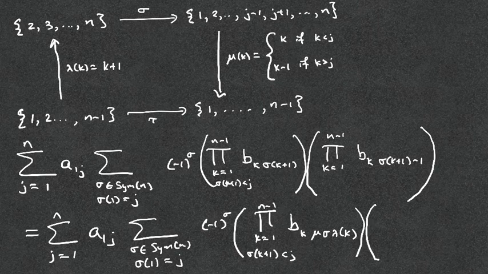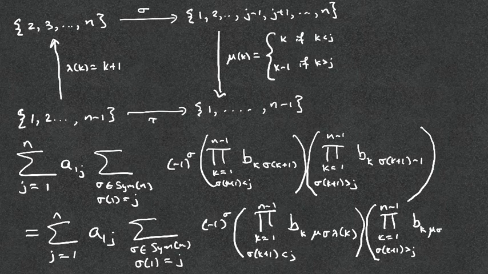Then we can do the same thing since we have sigma of k plus 1 greater than j. Now our mu's end up subtracting 1, but we can still end up with the same form. k goes from 1 up to n minus 1, with sigma of k plus 1 greater than j, of b sub k, and we still have mu, sigma, lambda of k.